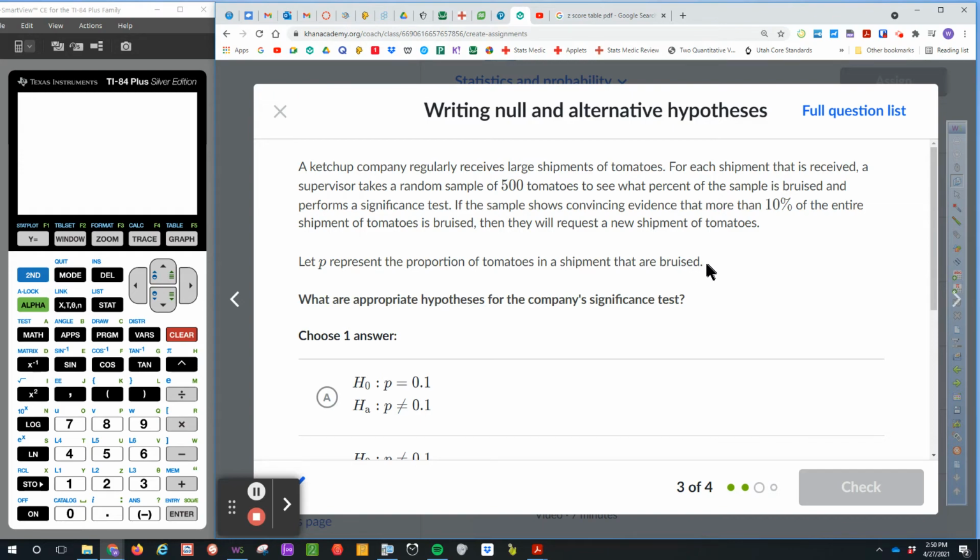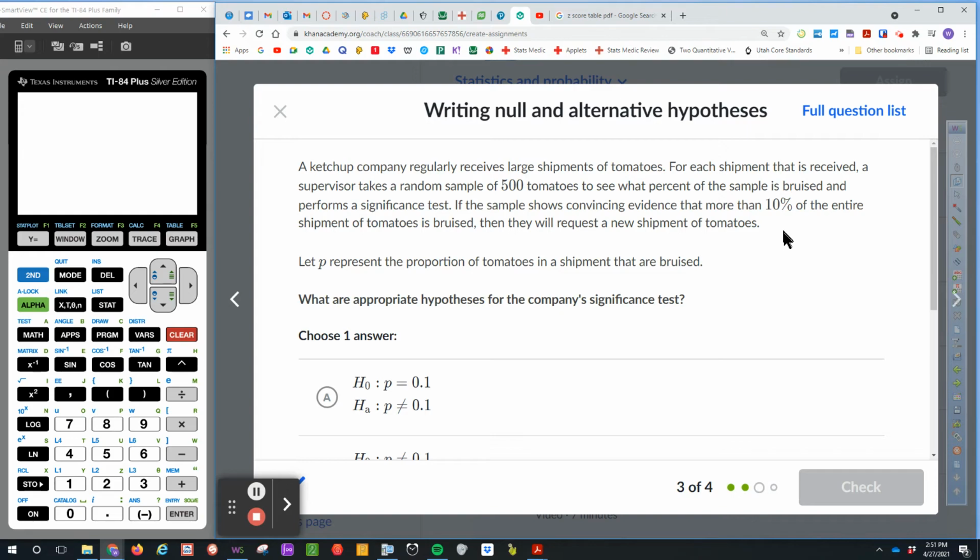So, what's the claim? The claim is that if the sample shows convincing evidence that more than 10%. So as long as it's 10%, if the population proportion is 10%, that's good, right? That's the null hypothesis. But the alternate is if it's more than 10%.